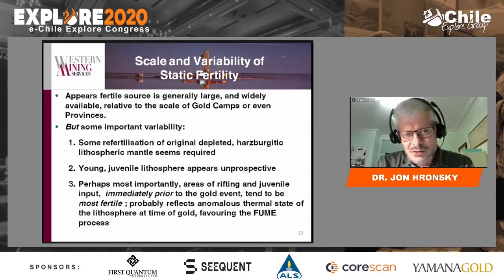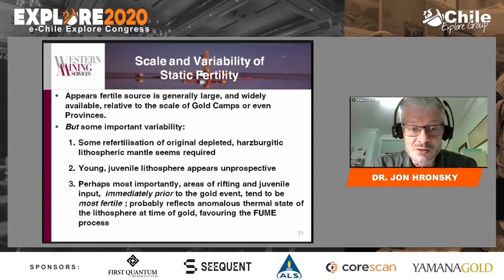So as you might expect, given this model, it actually looks like some refertilization of the original depleted Harzburgitic cores to cratons. The original Harzburgitic lithospheric mantle seems to be required. And I'll show you a slide in a minute from the Slave Craton that talks to that point.